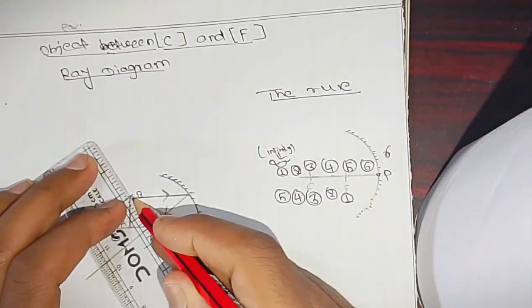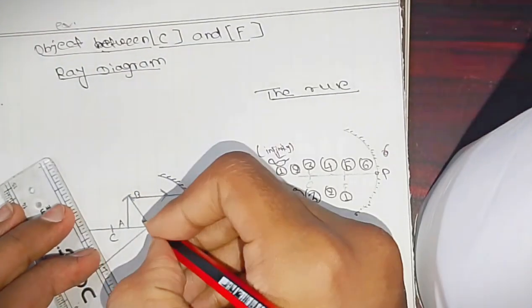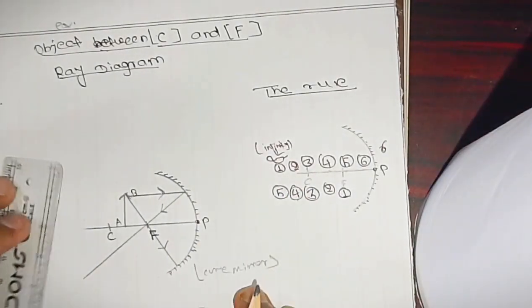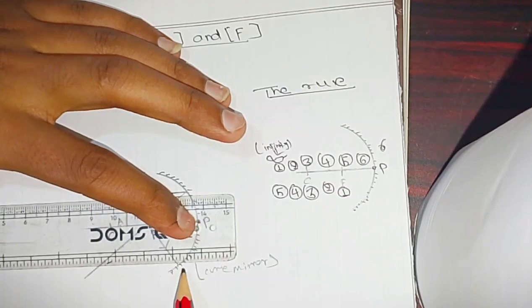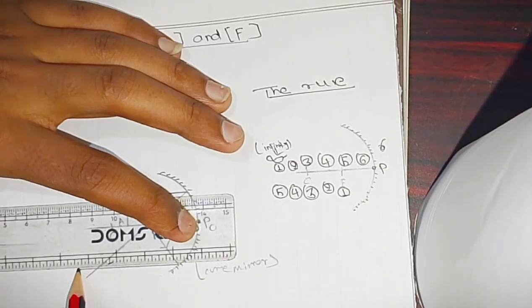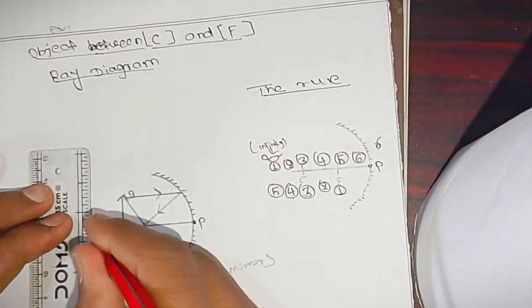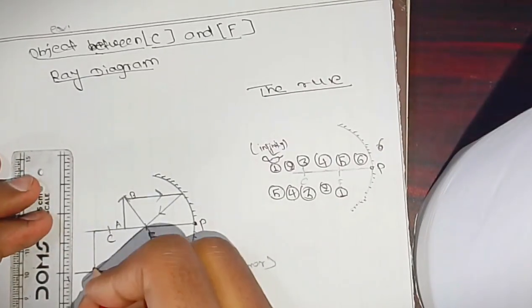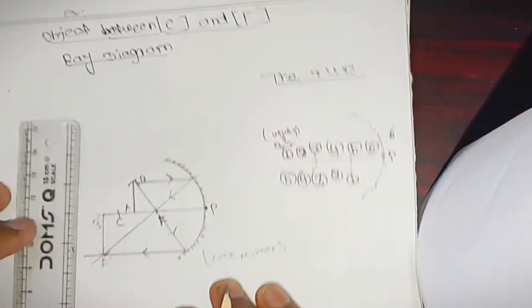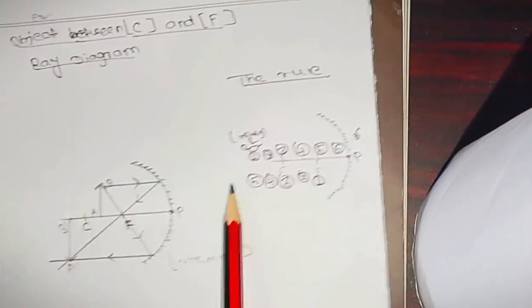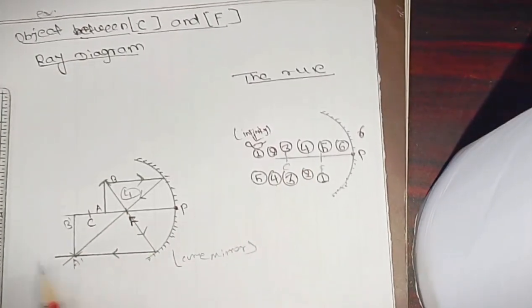This is also reflected through the principal focus. The image is formed here according to the rule. Here 4, here 4, here 4.